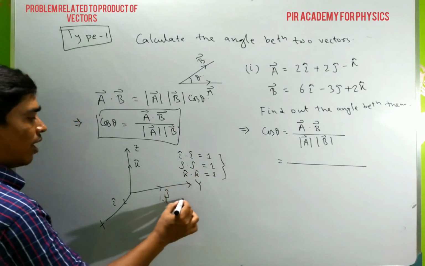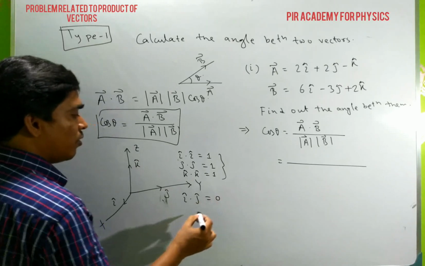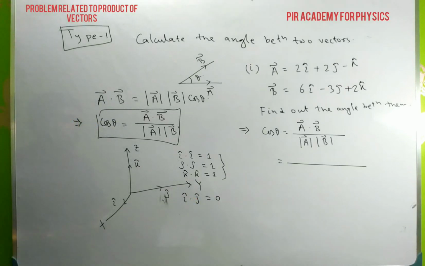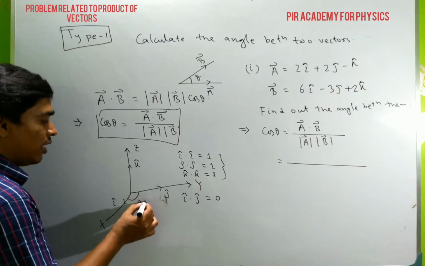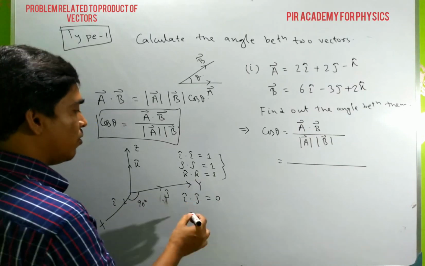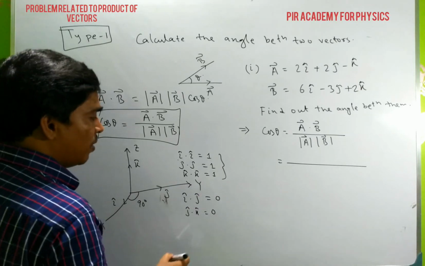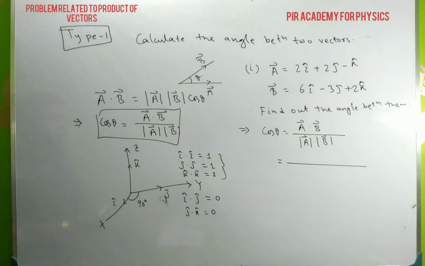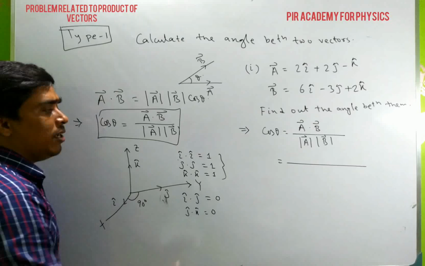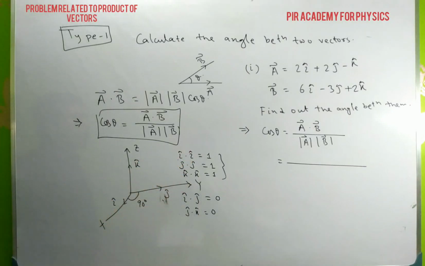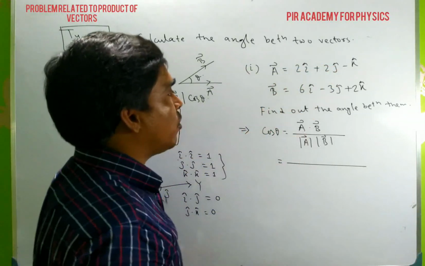But i dot j equals 0 because the theta between i and j is 90 degrees, that means cos 90 equals 0. j dot k equals 0. That means the dot product of the same unit vectors will be 1. Through this rule we can calculate the dot product of two vectors.